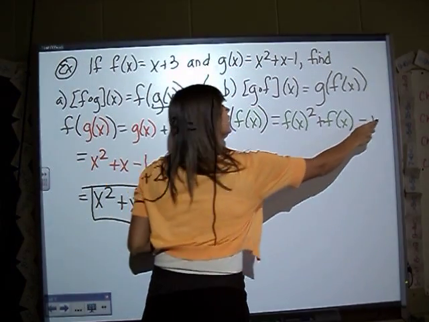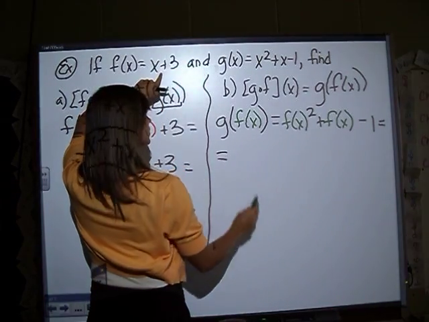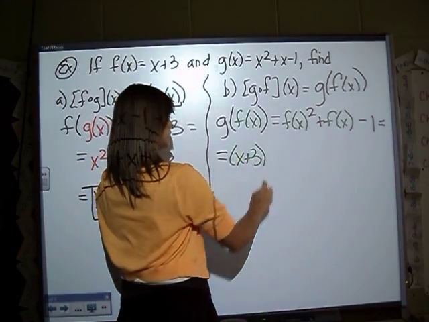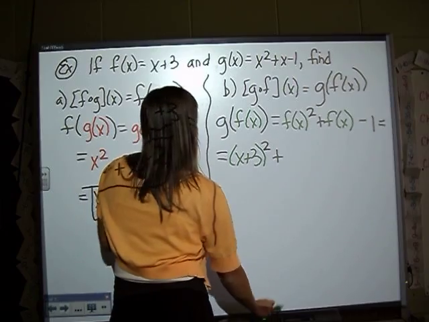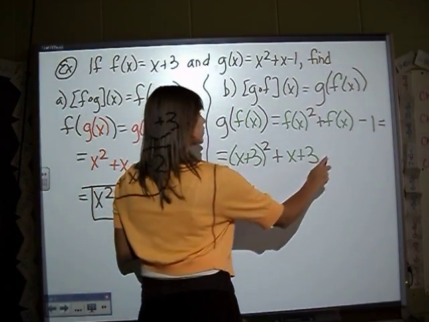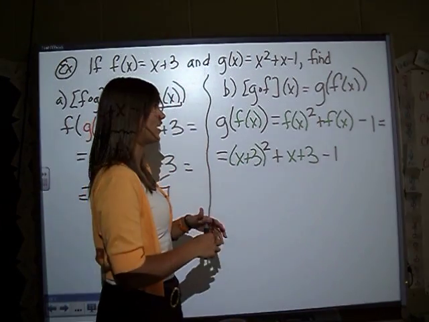Okay? So my f of x is x plus 3. So I'm going to have x plus 3 squared plus x plus 3, minus 1. Okay, this one requires a little bit more work because we have something being squared.